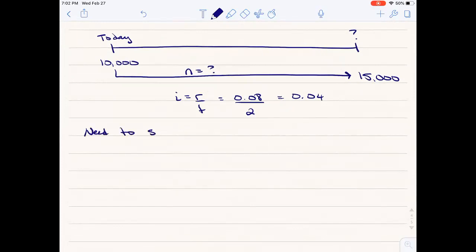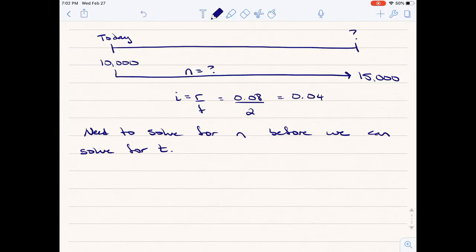Need to solve for n before we can solve for t. All right.